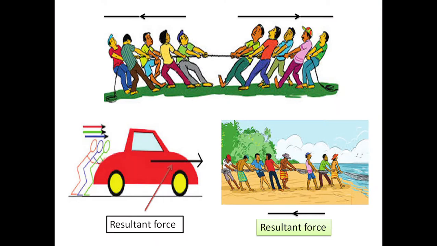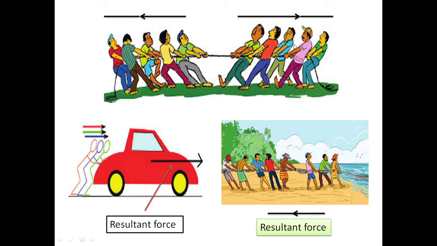Now look at these pictures. First picture shows tug of war. Now they have applied two opposite forces on the rope. There are many people, but the force applied on the rope is, now to the right there is a single force, to the left there is another single force.